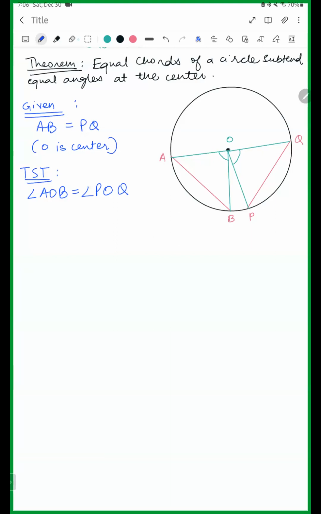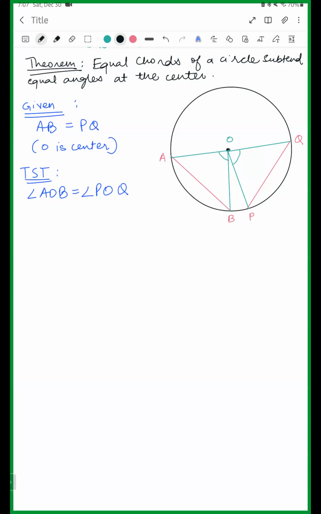So does anyone have any idea how to go about with this? We can show both of these triangles as congruent. If we can show them as congruent, then by CPCT, we can show that the two angles are equal, right?